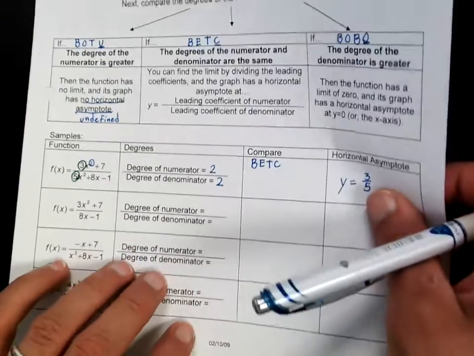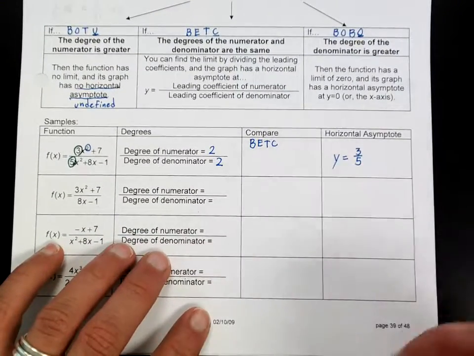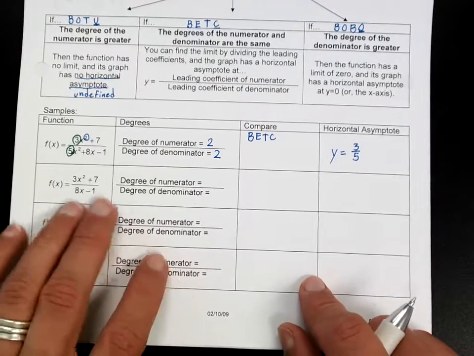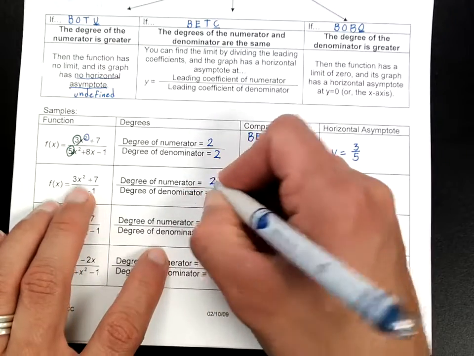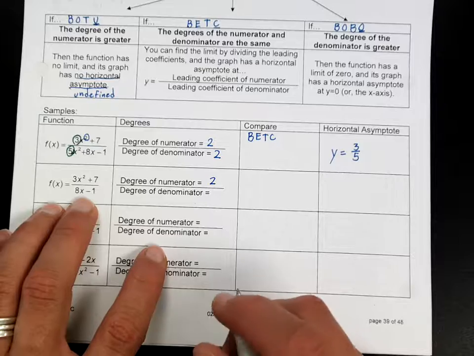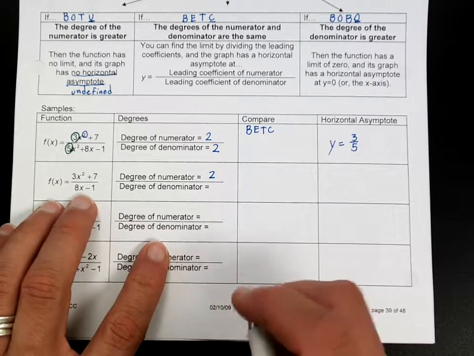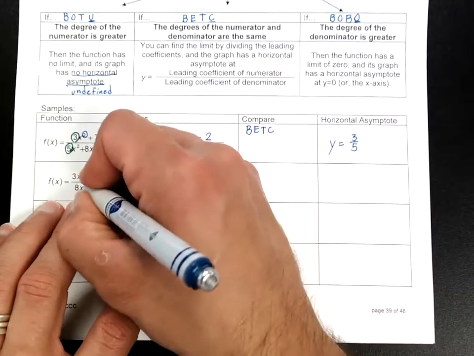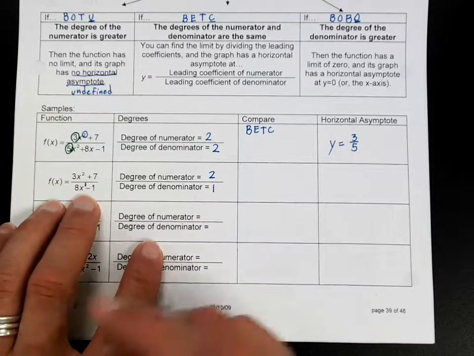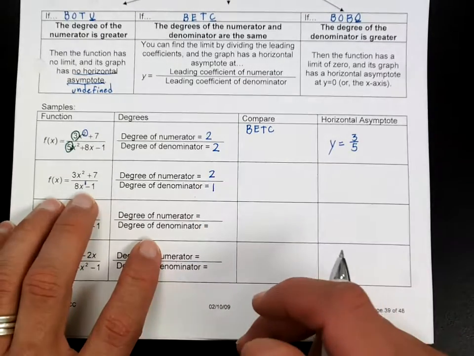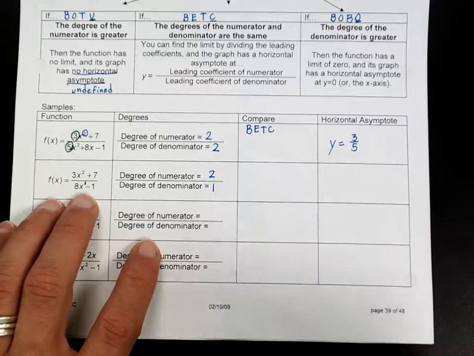Now, let's look at the next one, because this is actually the most work you have to do on these. On the next one, the degree of the top would be 2, right? That's x squared. What's the degree of the bottom? 1, right, because this right here would be x to the first power. So the degree of the top is 2, the degree of the bottom is 1. Which one's bigger, top or bottom? Top.